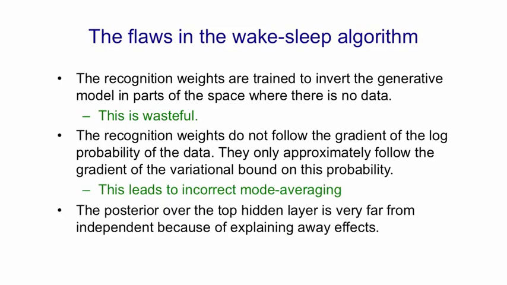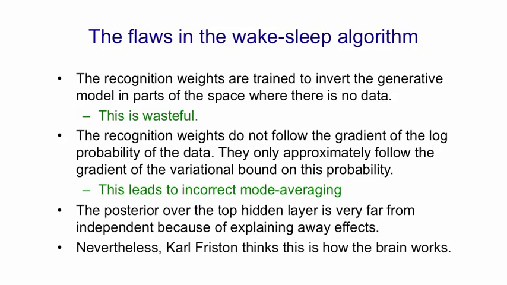A final problem is that we know that the true posterior over the top hidden layer is bound to be far from independent because of explaining away effects, and yet we're forced to approximate it with a distribution that assumes independence. This independence approximation might not be so bad for intermediate hidden layers, because if we're lucky, the explaining away effects that come from below will be partially cancelled out by prior effects that come from above. You'll see that in much more detail later.